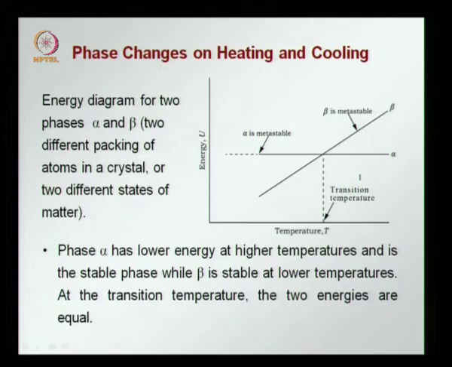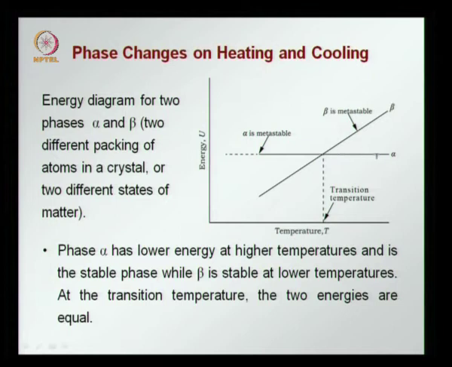Now, what we have seen earlier is that a material will always choose a structure that provides a lower energy, that is, the potential energy or the lattice energy should be lower. So, in this case we see that until this temperature, called the transition temperature, beta is stable.